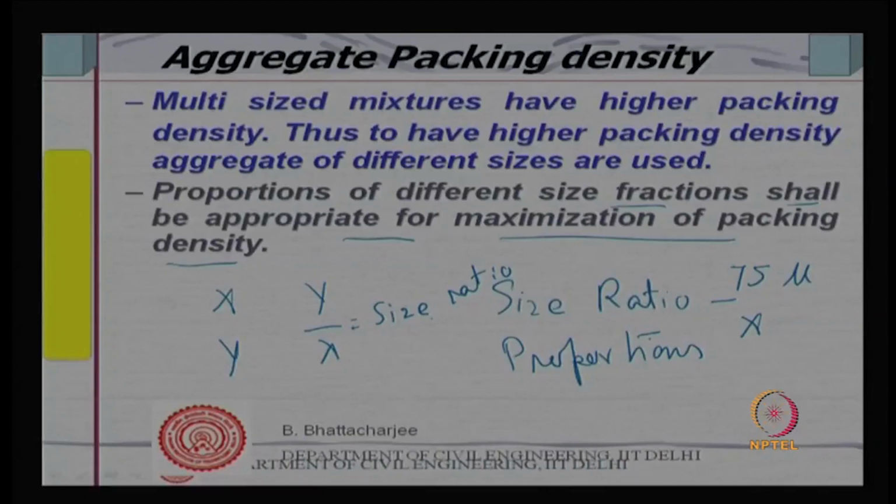So, this size ratio is important, 2 is good enough, but if it is 1, then it is the same size, so it is not going to have any effect. That is why you use the size quotient to define the sizes as 2. Recall that we are talking about the square sieve size, and the ratio of sizes, the size quotient, we use as 2.